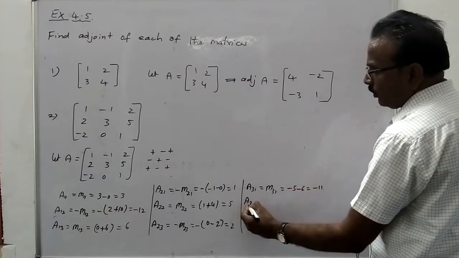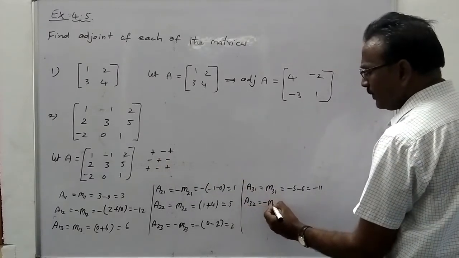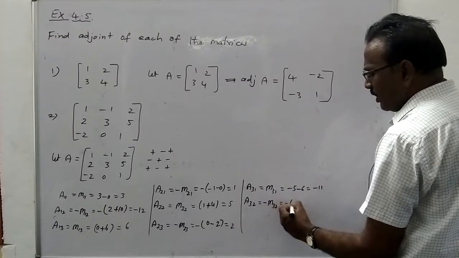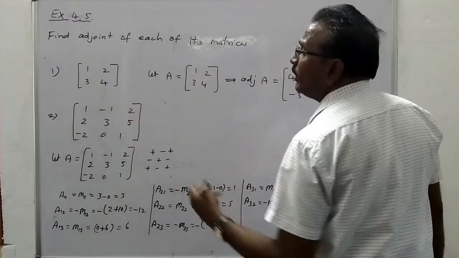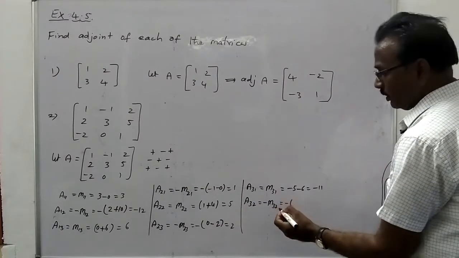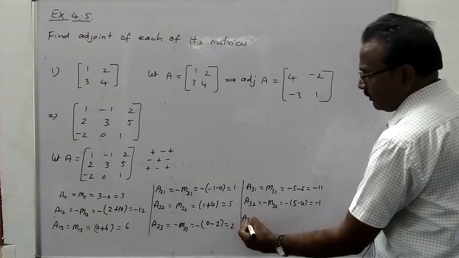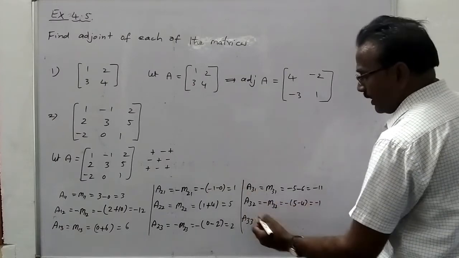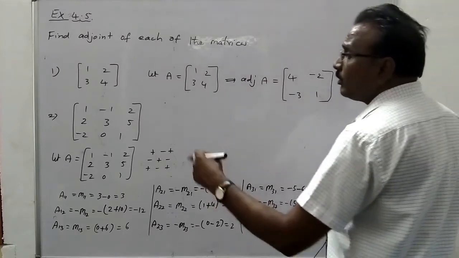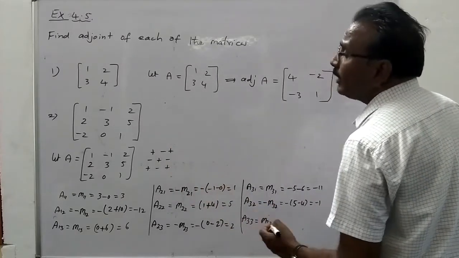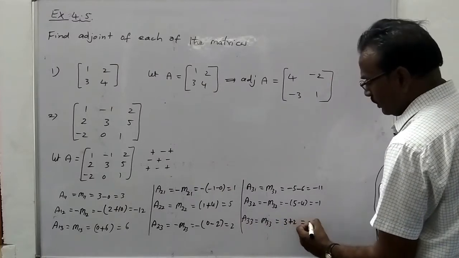Next, A32: the sign is minus, minus of M32, delete the third row and second column, the determinant of 1 2, 2 5: 5 minus 4, that is minus 1. A33: the sign is plus, capital M33 is obtained by deleting the third row and third column, so 1 three is 3, minus of minus 2, that is plus 2, the value is 5.